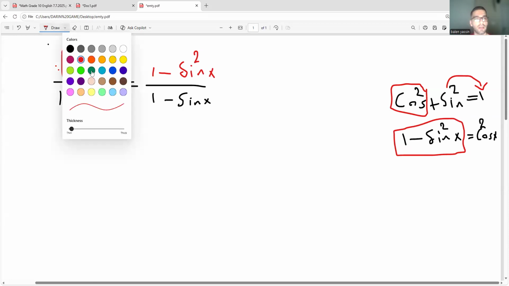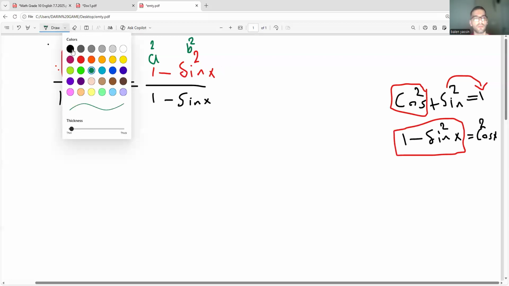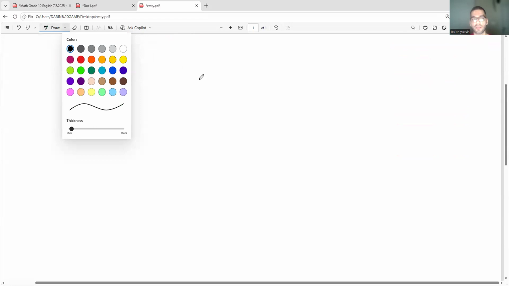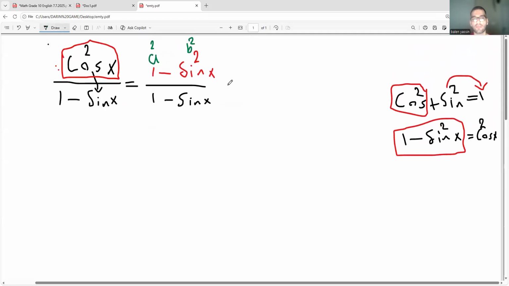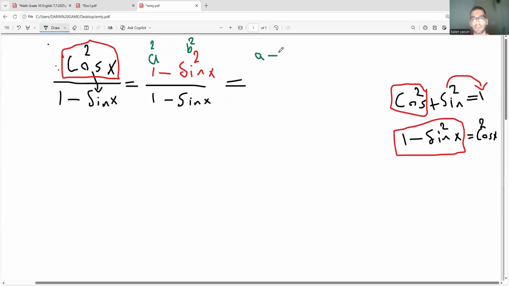Okay. And now the difference of squares, imagine this is a squared, and this sine squared is b squared. So sine is b. So we know that difference of squares gives you what? It gives you a minus b. I can do that. Let me do it. It gives you a minus b bracket, right?